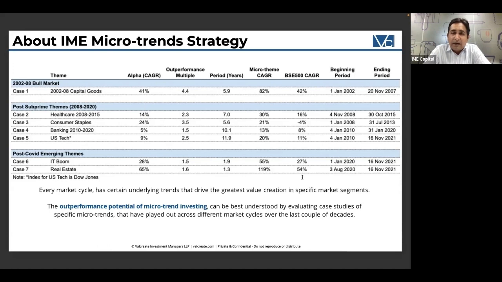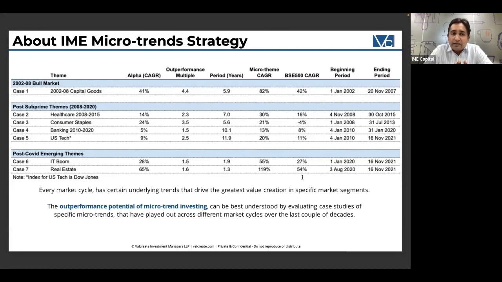Very large investments were happening across different sectors, which was driving very strong demand growth for capital goods. If you had taken concentrated exposures in capital goods over this period, as compared to a 42% compounded growth, you could have had an 82% compounded growth, a 41% alpha on an annualized basis, and you would have been 4.4 times better off as compared to having just invested in the index.